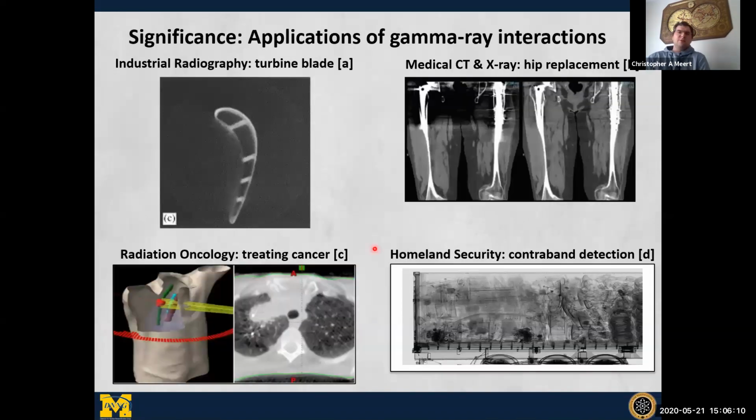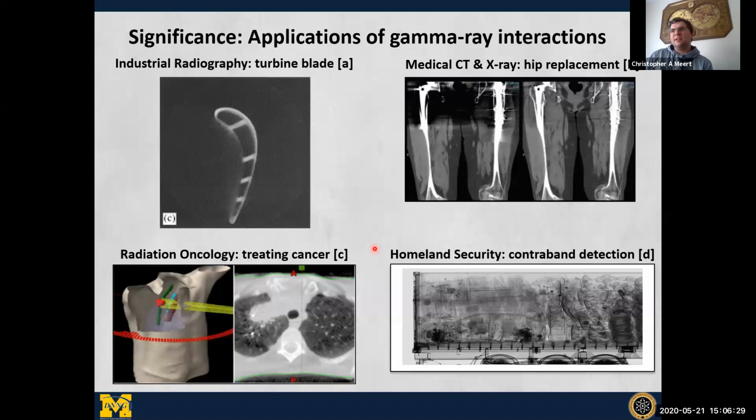So I just want to start out with some applications where we use gamma ray interactions, starting with these more exciting applications that I think help focus the conversation. I've listed 4 pictures here that leverage the different ways in which gammas interact with matter.